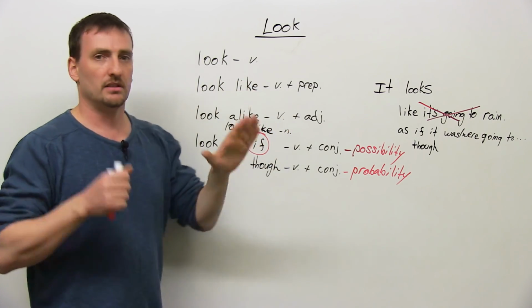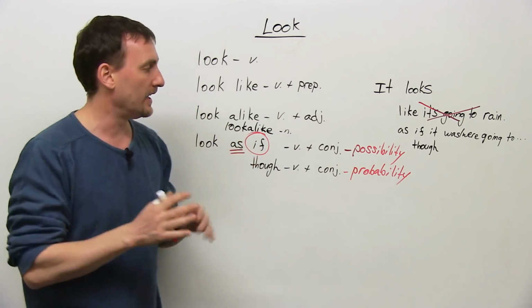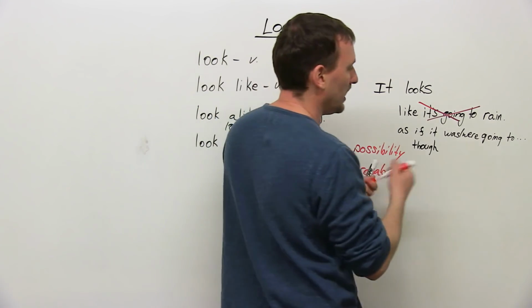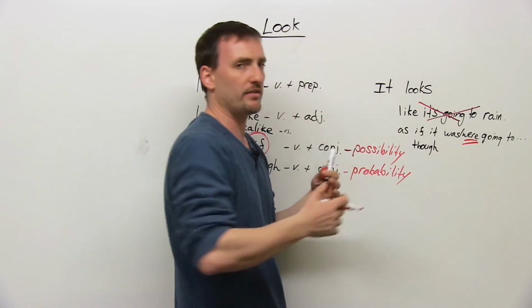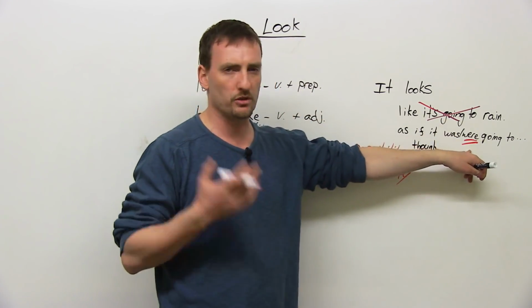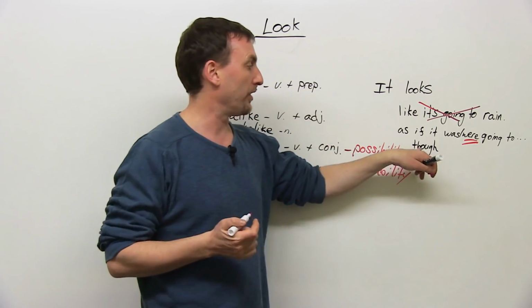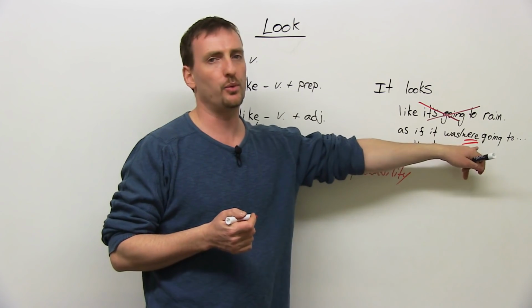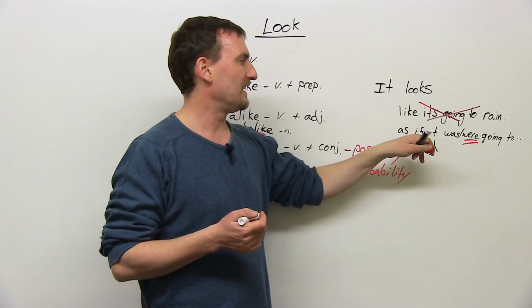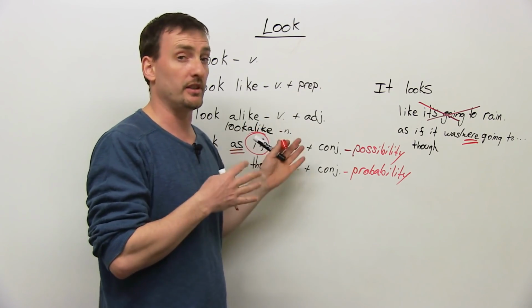Now, again, there's no rule. If you want to use them the same way, go ahead. Now, as far as the were here, this is part of the subjunctive voice. Usually with if, we're going to use were in the past tense. He, she, it, I, you, everybody were. With though, you would use was, not were. But, again, people are not very strict about this particular expression, this particular clause.